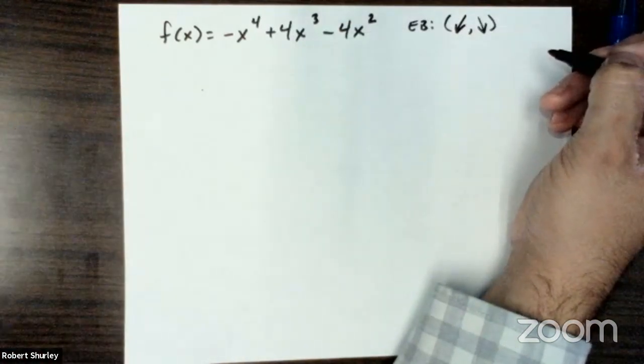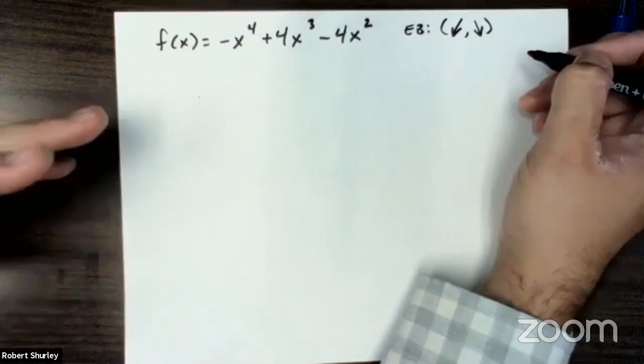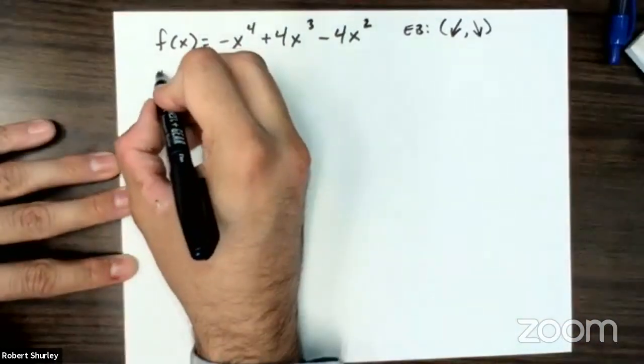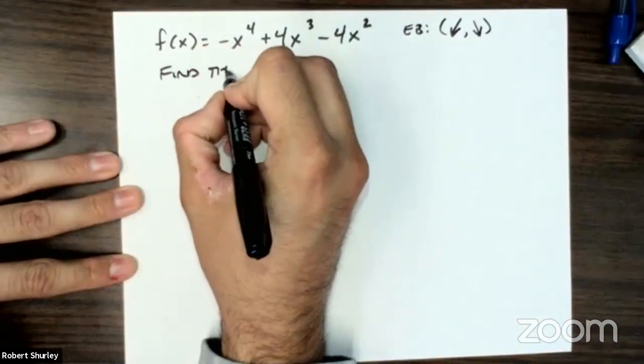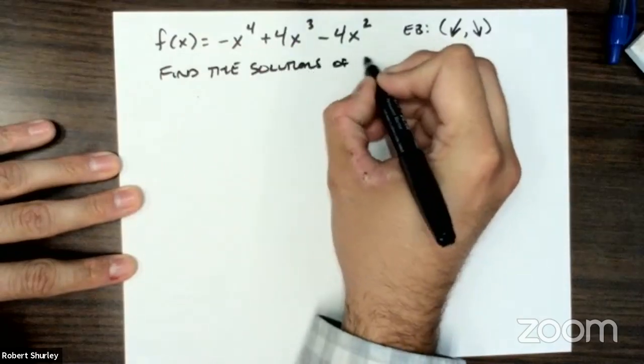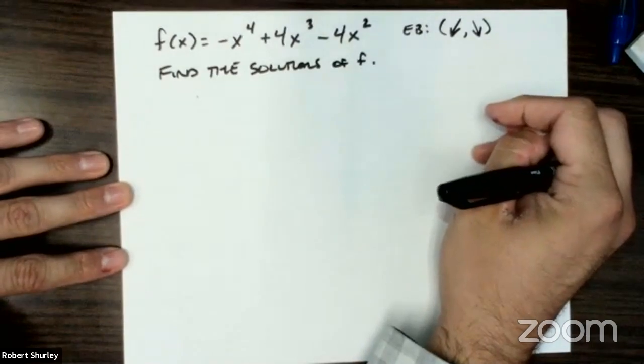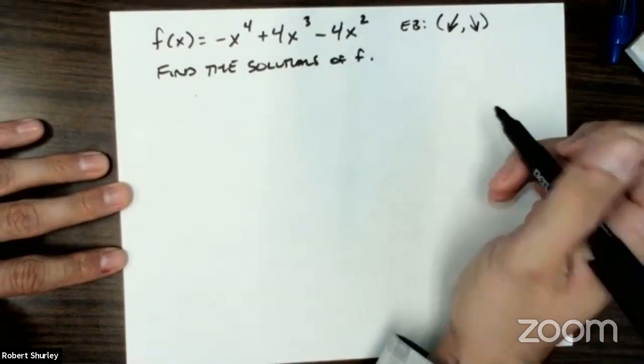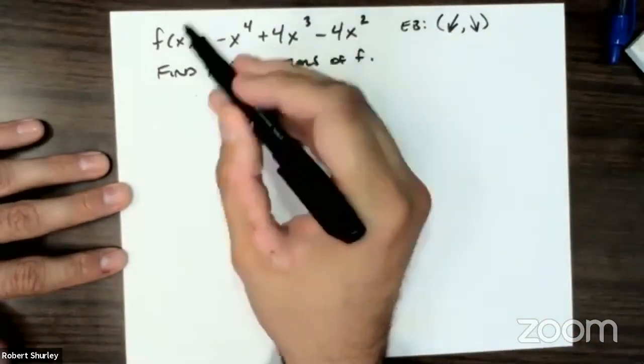So for Dr. Blitzer's sake, let's say find the solutions of f. It means the same thing, find the zeros. And we're going to do it the same way. We're going to set this whole thing equal to 0.